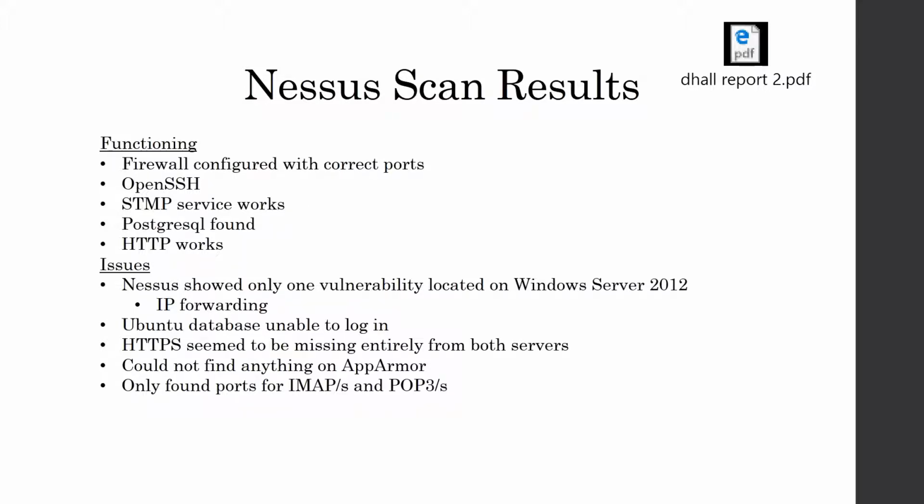And for the issues, Nessus showed only one vulnerability, located on the Windows Server 2012, associated with IP forwarding, which attackers exploit by spoofing their packets with a source IP address matching a local host within the network to bypass the firewall to be able to DDoS or DoS a computer or associated computers in that network.